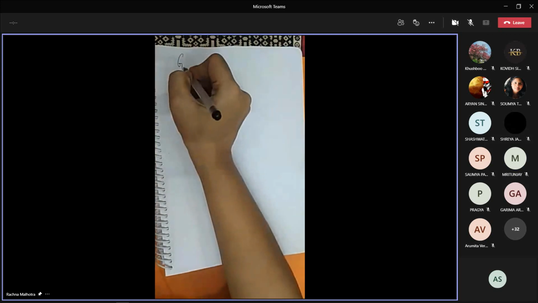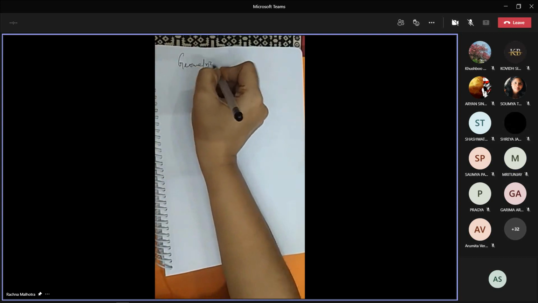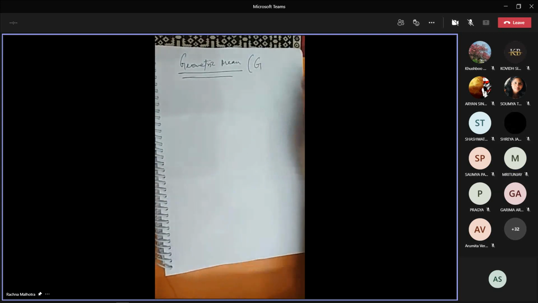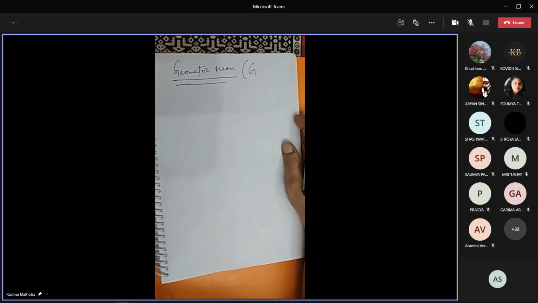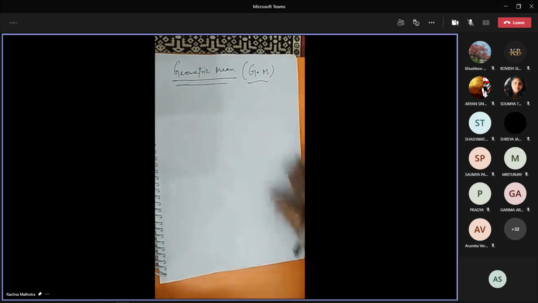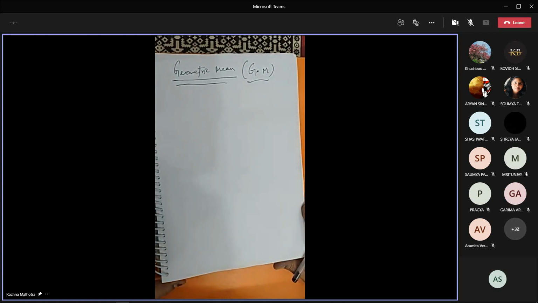Okay, theory concept. Geometric mean is also there. One more, after that we will start the questions. Geometric mean is remaining. Like we did in the AP case, arithmetic mean, similarly geometric mean, and the abbreviation that we can use for geometric mean is GM.